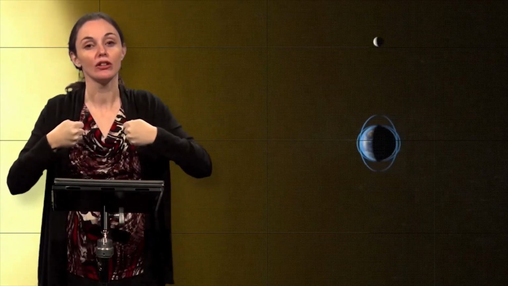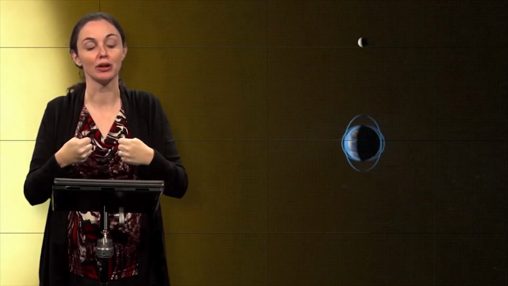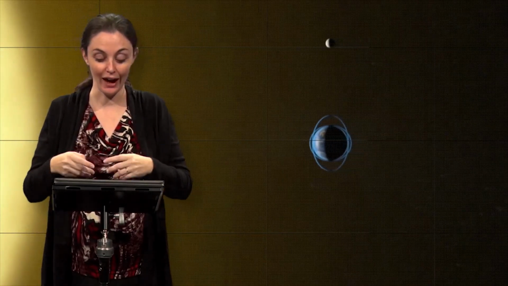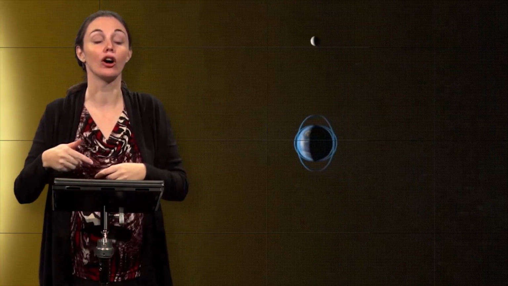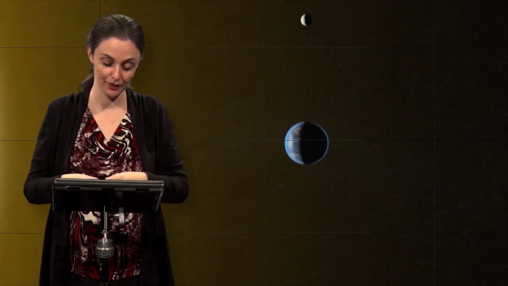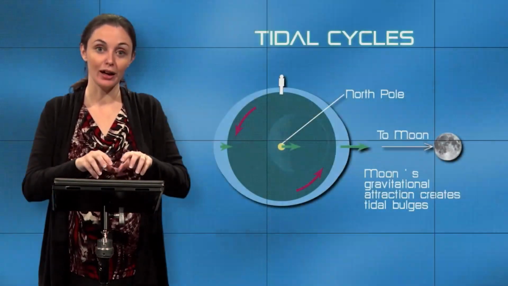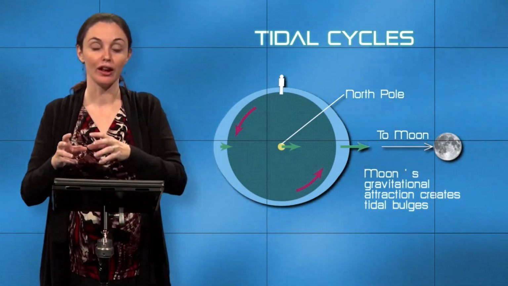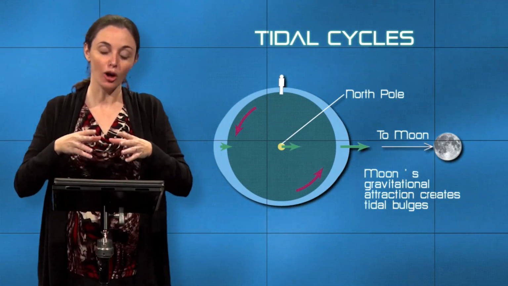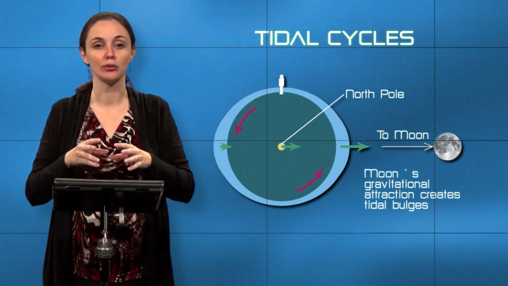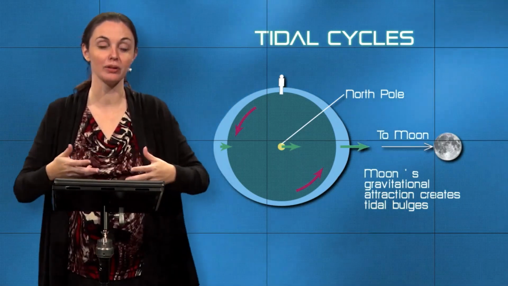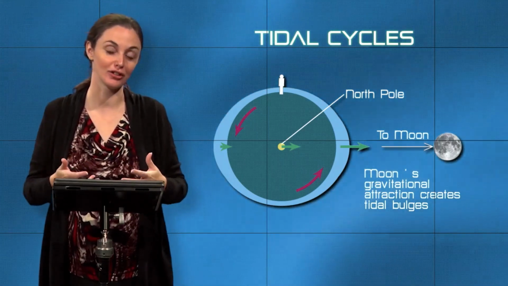Two objects with mass are going to both be pulling on each other, and the force of gravity is going to be equivalent to the mass of those objects and the distance between them. Having the moon be fairly close means a larger force due to gravity. Now, because of the relationship between the Earth and the moon, we don't have enough of a gravitational pull to actually create heat within the Earth and to displace the solid interior of the Earth itself.